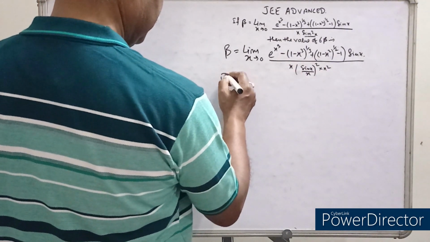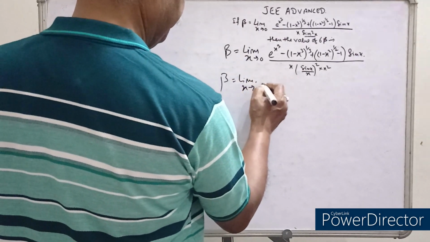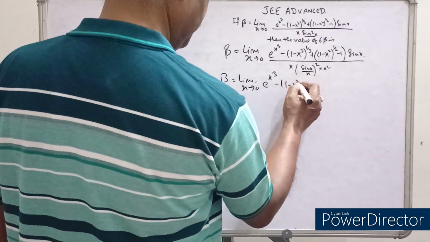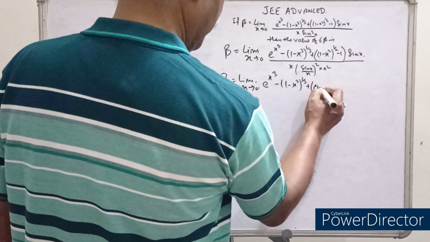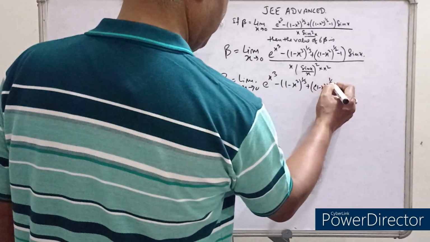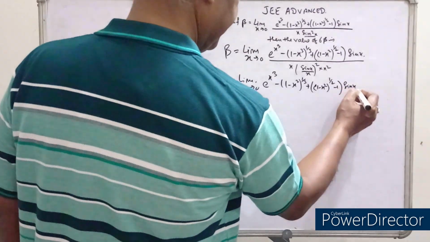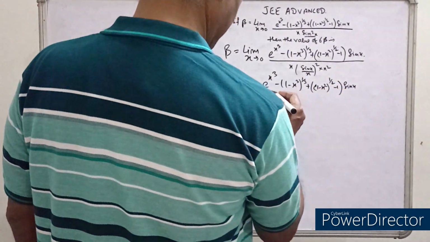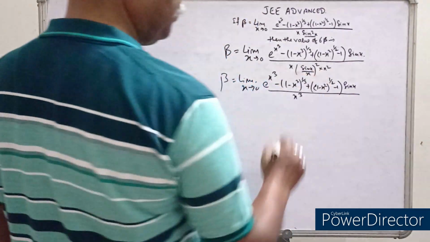The term left now is the limit as x tends to 0 of [e^(x³) − 1 − x³ to the power 1/3 + (1 − x²) to the power 1/2 − 1] over x³, because the sine part is 1.